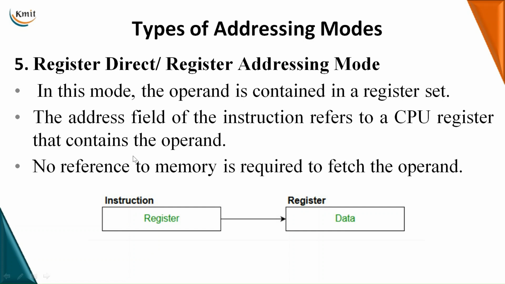So no reference to the memory is required to fetch the operand. The register set contains a set of registers available in the computer, and within that, this register is present. If you access that particular register, you can find the actual operand. Your operand is directly stored in the register, so you need not access the memory location to get your operand.